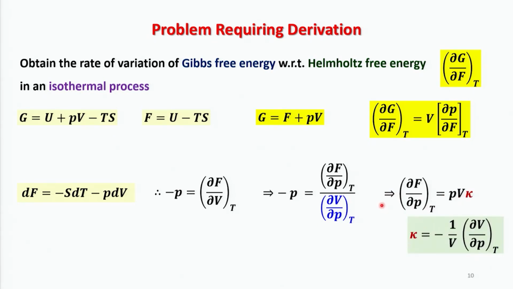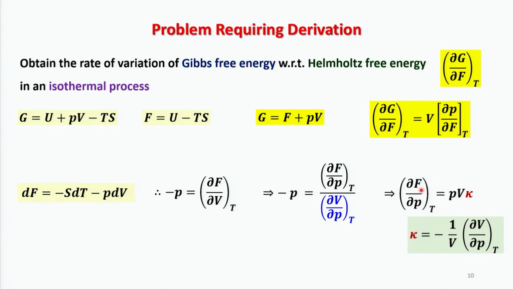Therefore, I should be able to write that (∂F/∂P) at constant T is equal to P into V into kappa. What is the definition of kappa? You have seen it before. Kappa is equal to minus 1 by V times (∂V/∂P) at constant T. Now, with this result, what is it that I can do? I needed (∂P/∂F) at constant T. What is it that I have?